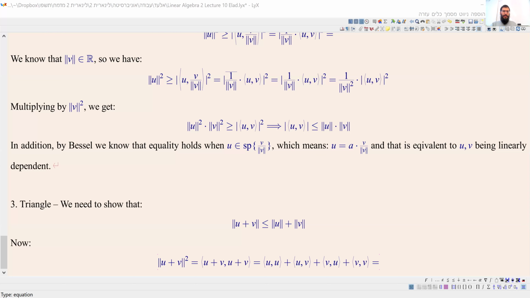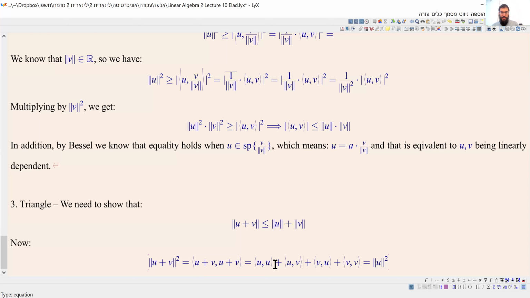But what about u with v and v with u? What can we say about them? They are equal. No, they're not equal, it's a bit different. We can write v with u as the complex conjugate of u with v.